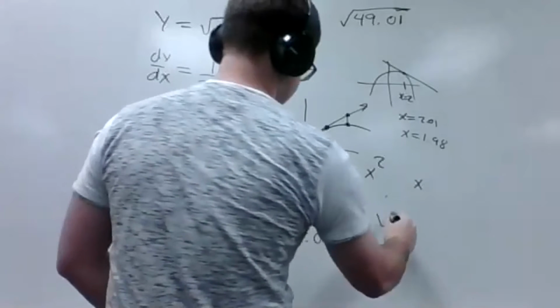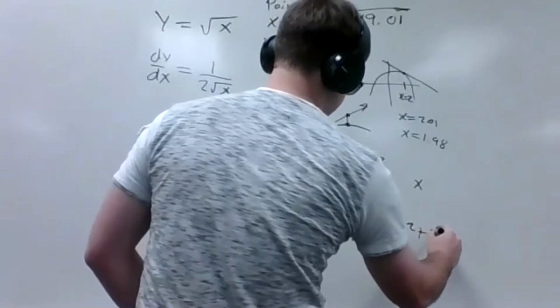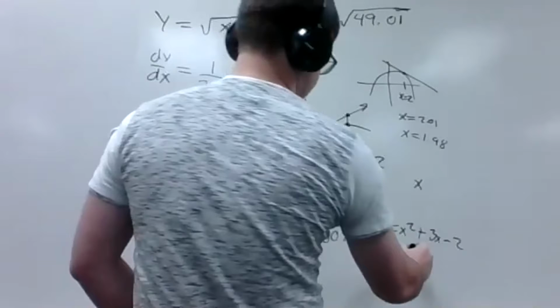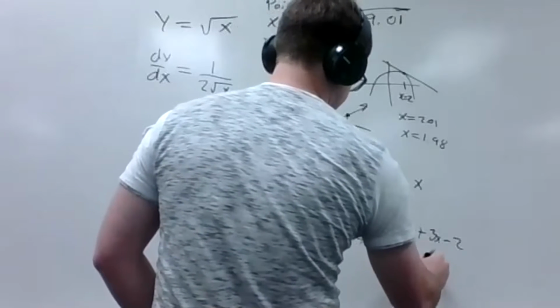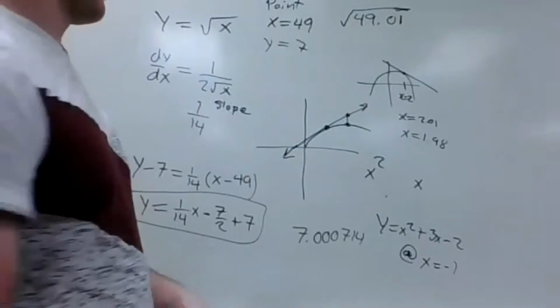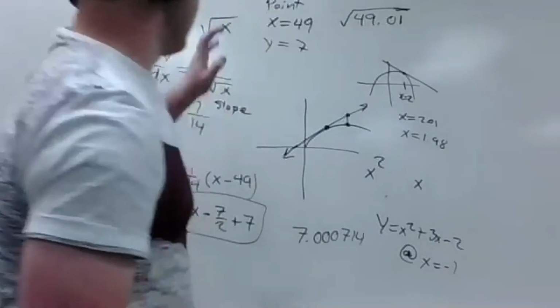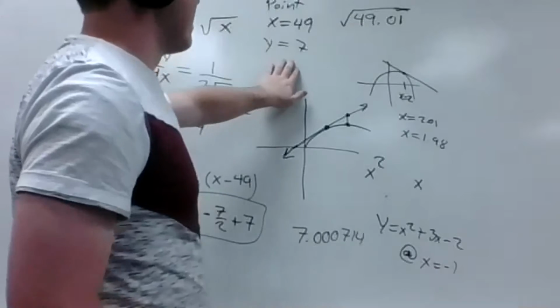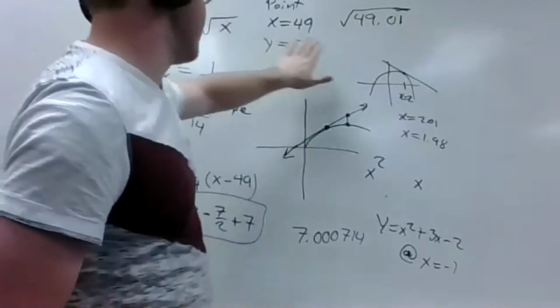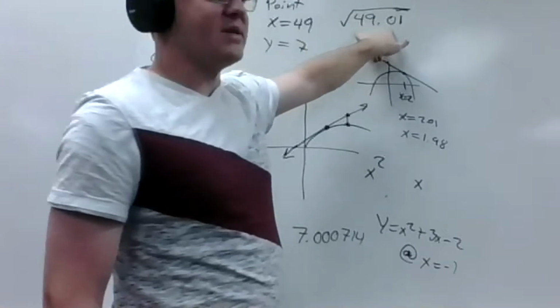So let's say we have this equation, y equals x squared plus 3x minus 2. They'll say, what is the tangent line at x equals -1? That's how a tangent line problem will be phrased. A linearization problem will be phrased, use a linearization to approximate what this equals. Oh, okay.